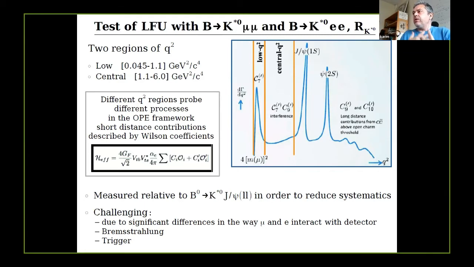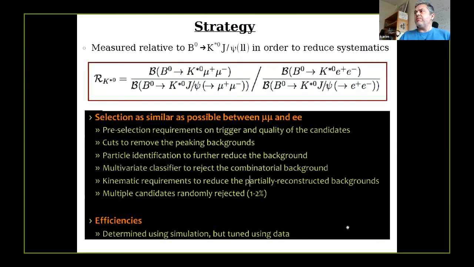So just adding the K, it's expected to have a large sample, being able to measure things in several Q square bins. On top of it, which was not completely trivial for them, they are also quite efficient for electrons. So it's possible for them also to do the ratio I was mentioning, R_K star, R_K, the ratio of branching ratios.